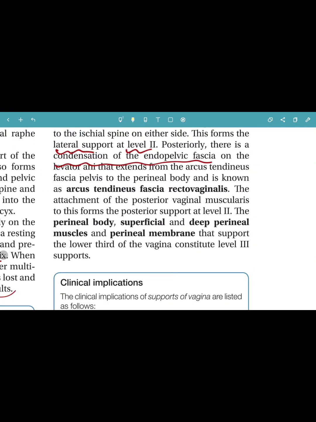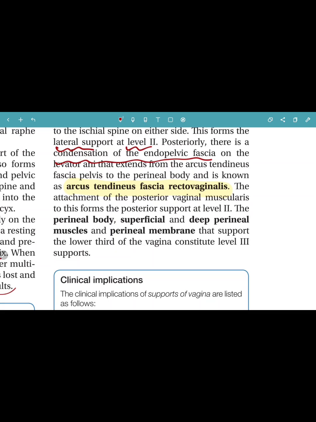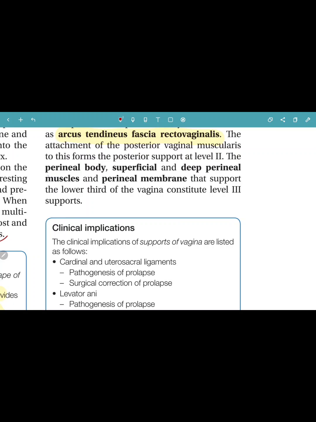The attachment of the posterior vaginal muscularis to this forms the posterior support at level 2. The perineal body, your superficial and deep perineal muscles, as well as your perineal membrane, all support the lower third of the vagina and constitute level 3 supports.